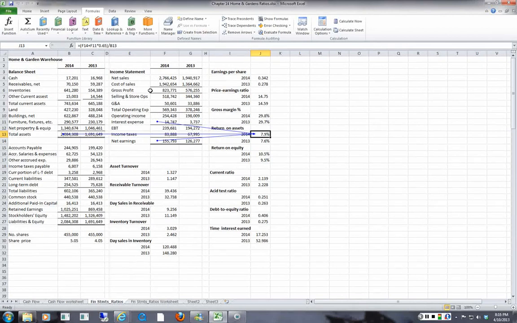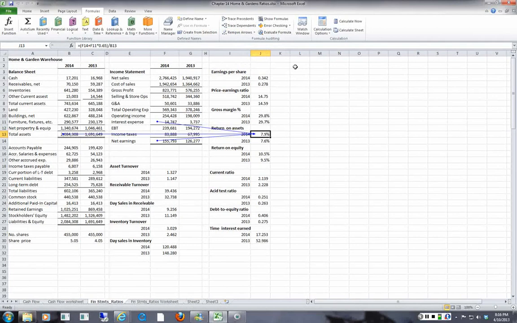So you can see we're going to take that 14,747 and multiply that by 0.65, and we're going to add that to the 155,793 and divide that by the total assets. So the return on total assets is 7.9%. It's a little better now than it was the preceding year.